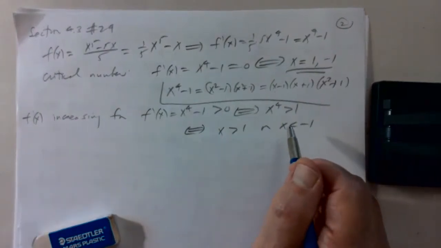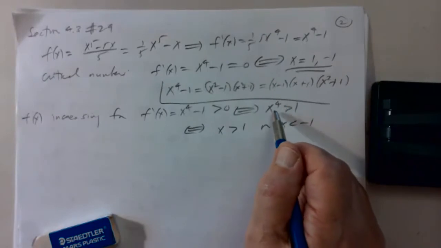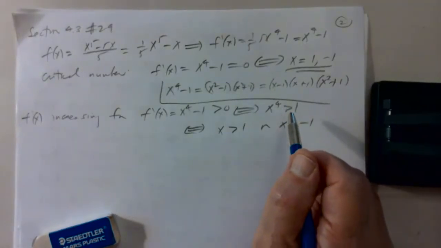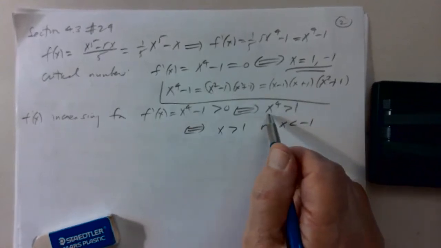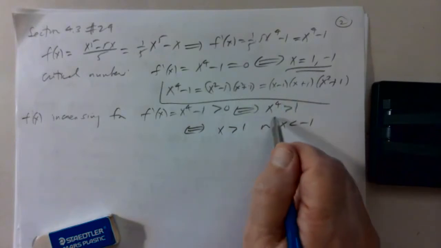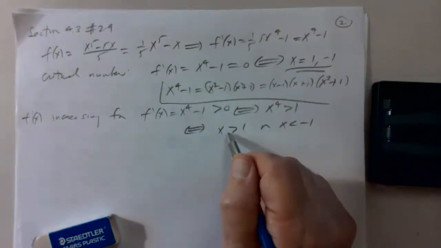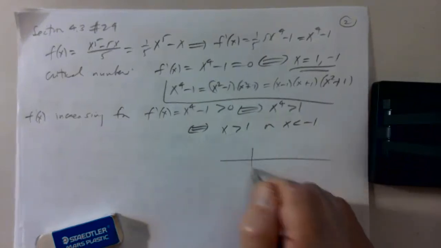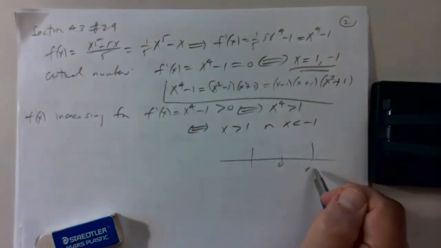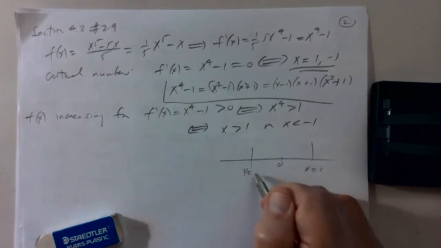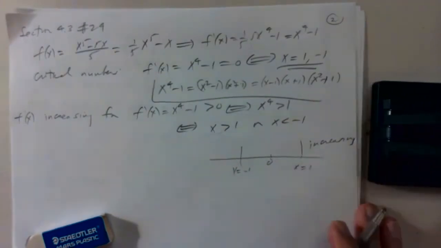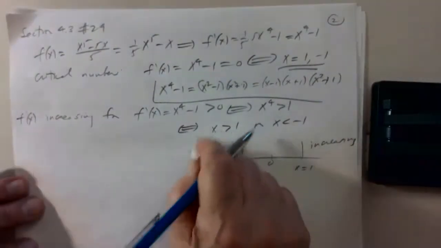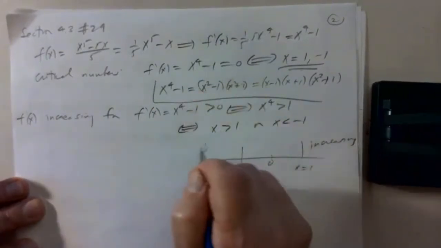If x is between -1 and +1, x to the 4th is less than 1. If x equals plus or minus 1, x to the 4th equals 1. So in the infinite interval beyond x equal 1, the function is increasing. And in the infinite interval going to minus infinity, beyond -1, the function is also increasing.